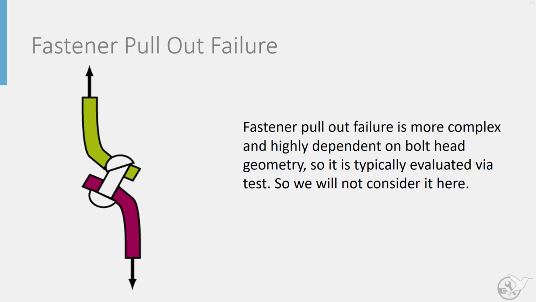So it's a little bit beyond what we will cover within this course. So just be aware that it would be something that you would typically look at in terms of test data, and you may have to do things like adding washers or using a different fastener head to prevent this failure mode if it was at risk of occurring.